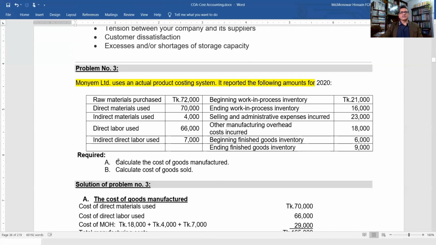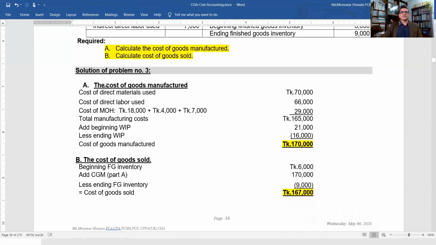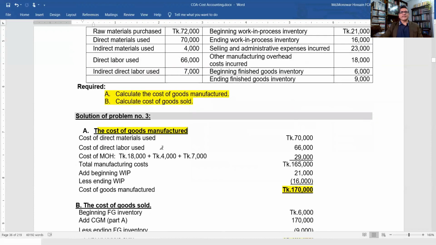We have to calculate the cost of goods manufactured and cost of goods sold. So let's start. Cost of goods manufactured: cost of direct materials, this one, 70,000. That means the purchase is 72, but he used 70,000.